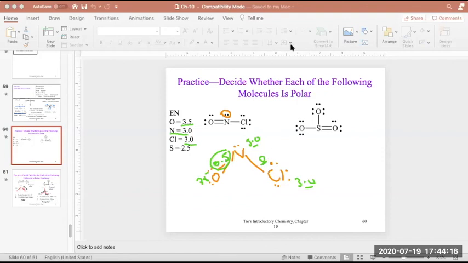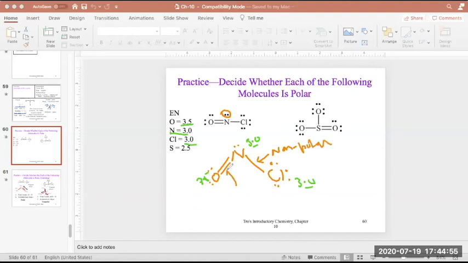So what do we figure out from here? So this is a bond, right? What we figured out is this bond is non-polar, right?